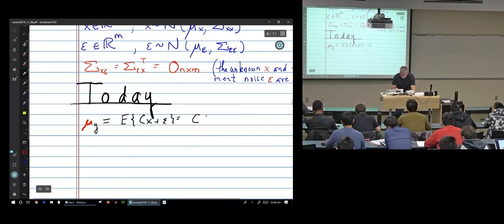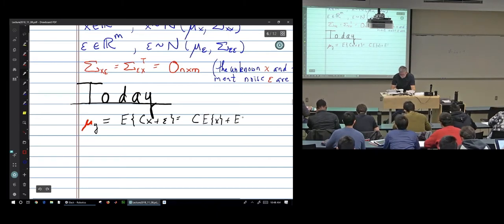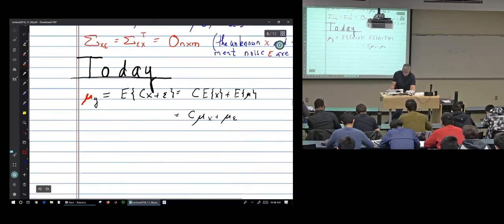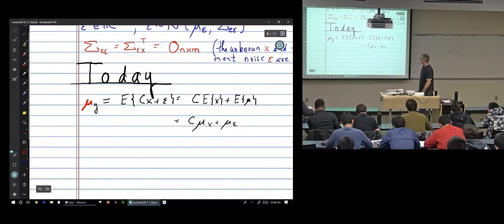So that's c times the mean of x plus the mean of the noise. So it's c mu x plus mu of the noise term. So that's the mean value of the measurement.